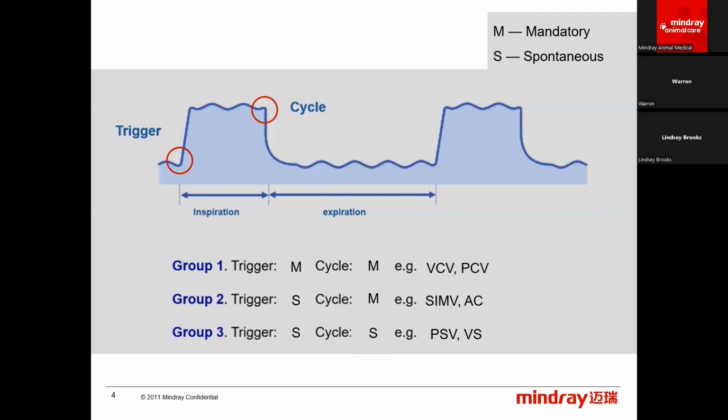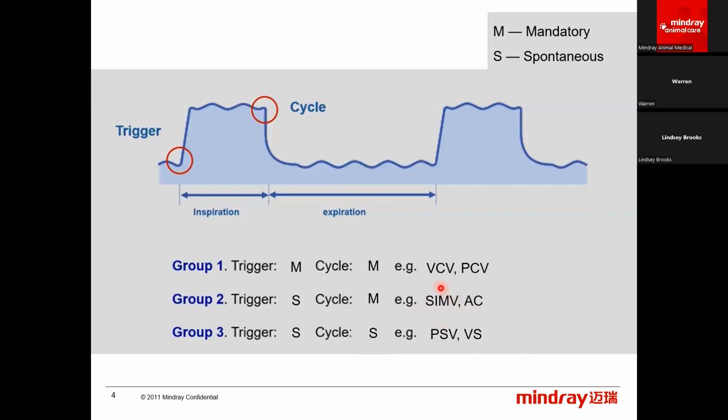But that mandatory cycle is the machine saying, all right, you can take a breath whenever you want, but I'm going to decide how long your breath is, how deep it is, what kind of airway pressure you're reaching, what kind of tidal volume you reach.